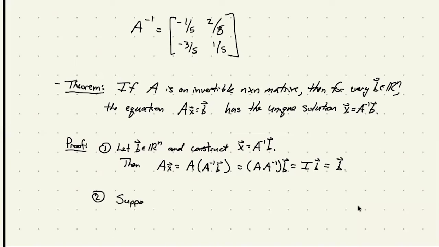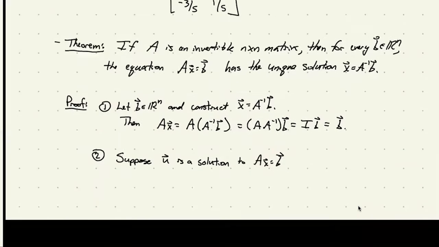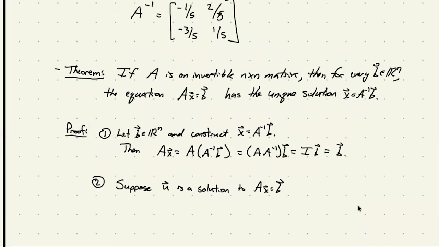So suppose the vector u is a solution to A times X is equal to B. My goal is to show that u is also equal to A inverse B. That means that A times the vector u is equal to the vector B. What I'm going to do is multiply this equation on the left by the matrix A inverse.